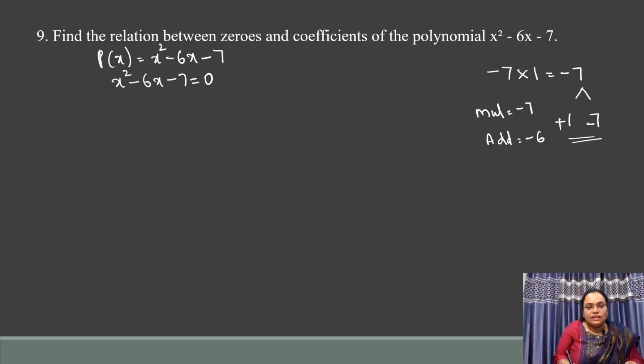By splitting the middle term, x² + x − 7x − 7 = 0.